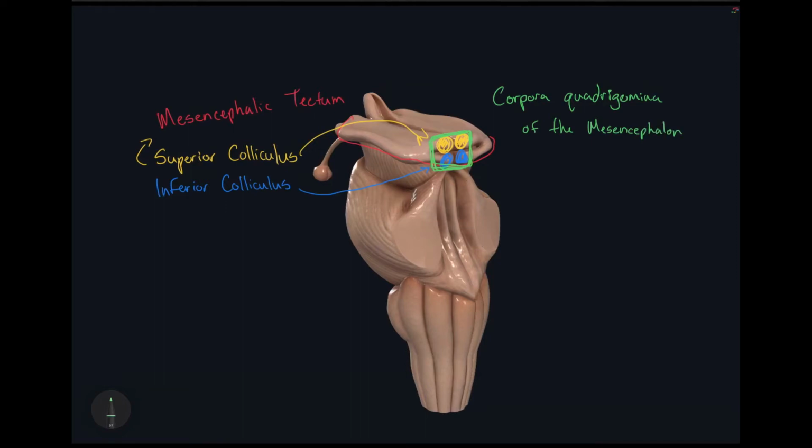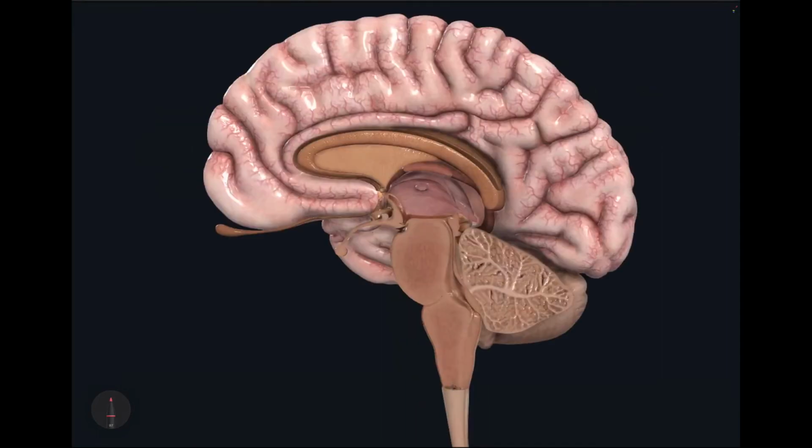Awesome. Now there's one more term that we need to learn that's located in the mesencephalon, and it is this space located right here. There is a space that feeds into the fourth ventricle, and in fact it's probably easier to see in the other image. So again, returning to this first image, we can see the corpora quadrigemina of the mesencephalon located right here. But we can also see this passageway, like I was saying, that leads to the fourth ventricle, which is located right here.